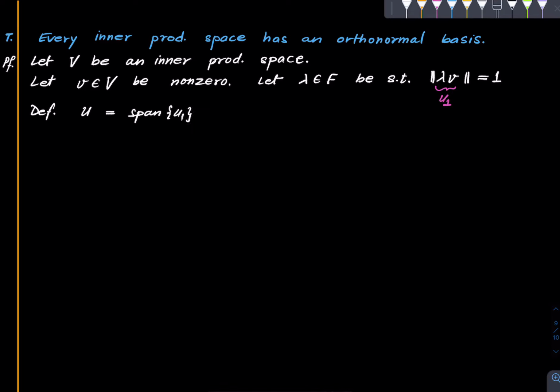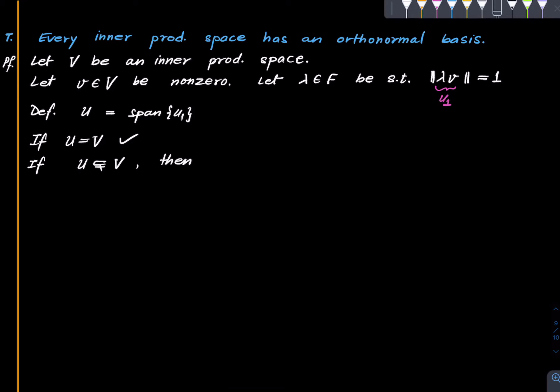Now it's possible that capital U is the entire vector space, in which case we are done, because then u1 itself would be an orthonormal basis. If U is strictly contained in V, then U perp is a positive dimensional subspace.